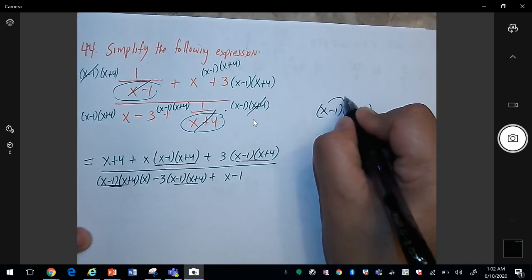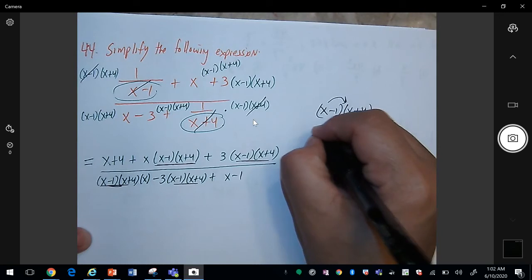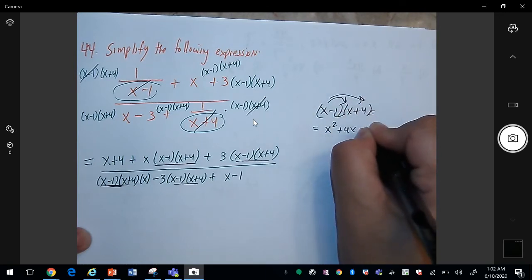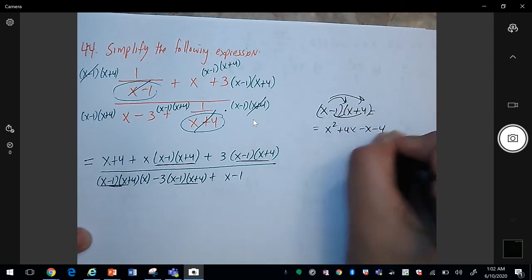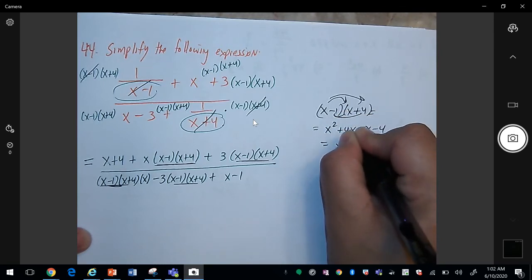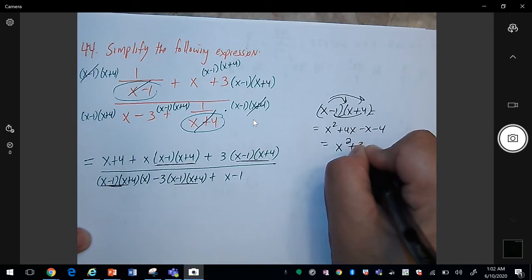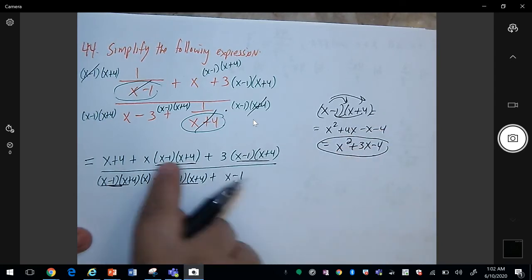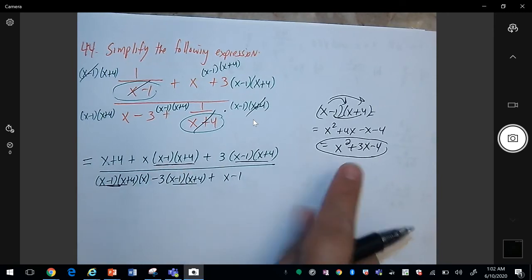And so here we would get x squared plus 4x minus x minus 4. So that comes out to x squared plus 3x minus 4. So I'm going to substitute this in here since we already multiplied it.